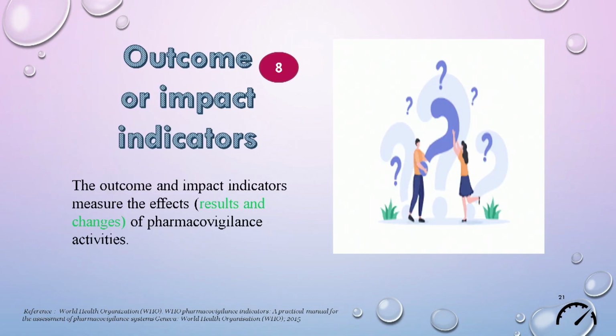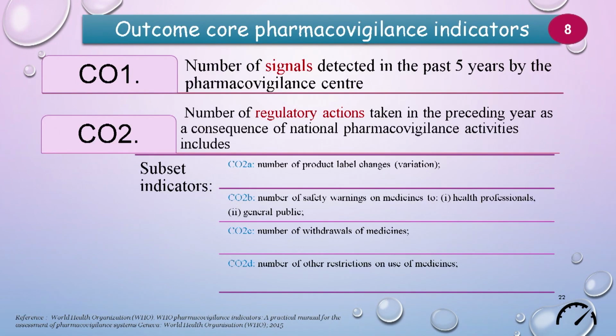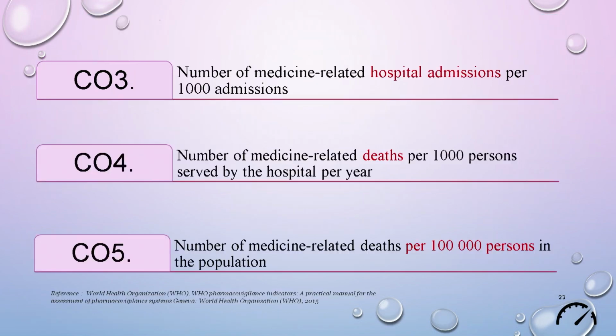Coming over to the 8 outcome indicators. These will give the outcome: what the pharmacovigilance facility, whether local, regional, or national, is giving as a result, or the changes in the system. So the achievements or outcomes, the 8 indicators, are whether the nascent pharmacovigilance activity or facility has generated any signal in the previous 5 years, or whether there is regulatory action taken like product label change, withdrawal of the medicine, safety warning issued, or restriction to the use of any medications.